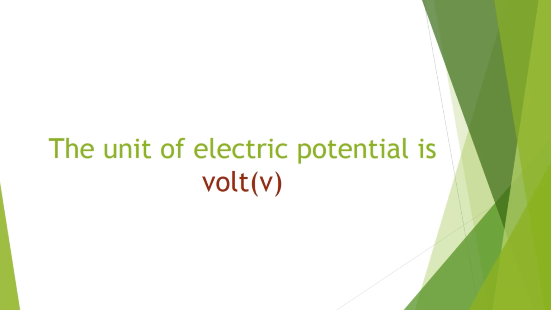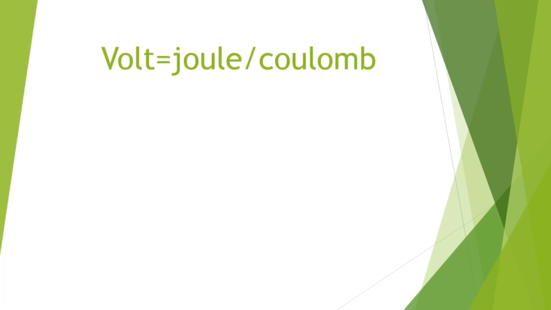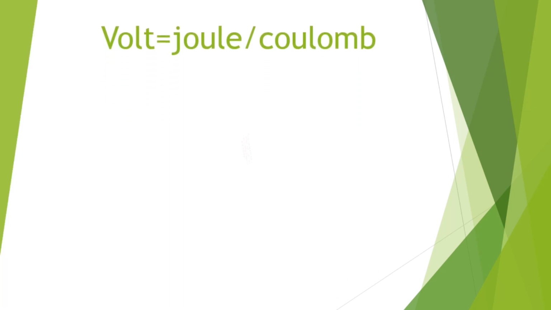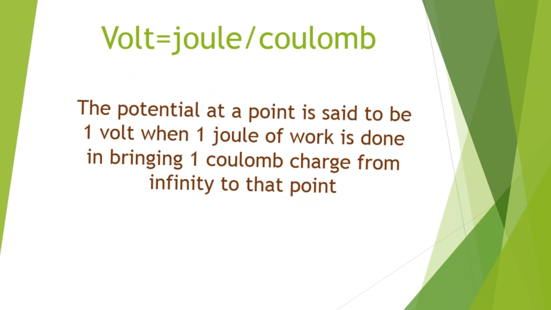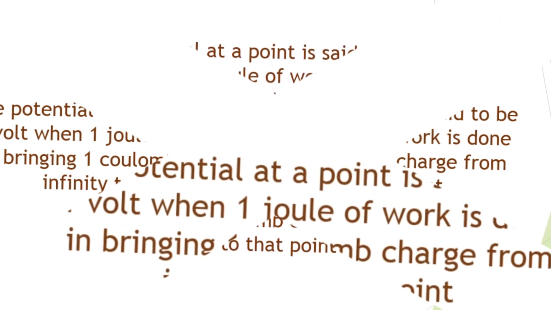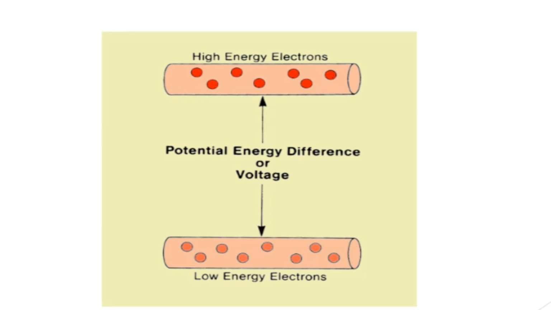So the unit of electric potential is volt, and 1 volt can be defined as the potential at a point when 1 joule work is done in bringing 1 coulomb charge from infinity to that point. But in practice, when we consider the flow of current through a conductor, we consider the flow of charge only between 2 points.